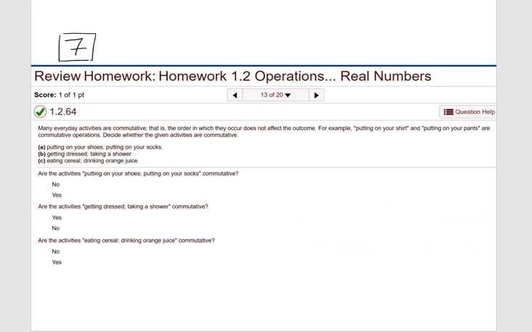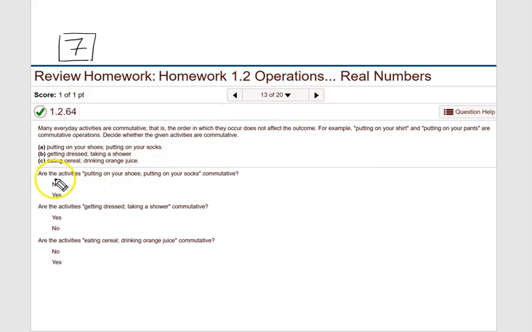Now, as we look at number 7, we're asked, in everyday things we do, sometimes things are commutative. That is, you can do one and you can do the other, or the other first and then that.